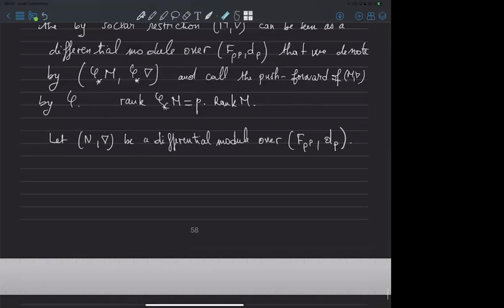But I already denoted by this before. Then the pullback.